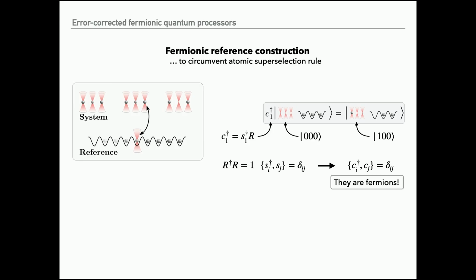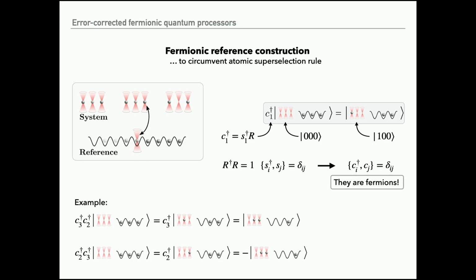So here's an example, where we have to show that they're fermions. Suppose I want to create two of these effective fermions, C2 and C3. There are essentially two ways of doing that. I can first put one into mode 3 and then into mode 2, or do it the other way around. Here, I first take a fermion out of the reference and put it into mode 2, and then take another fermion out of the reference and put it into mode 3.